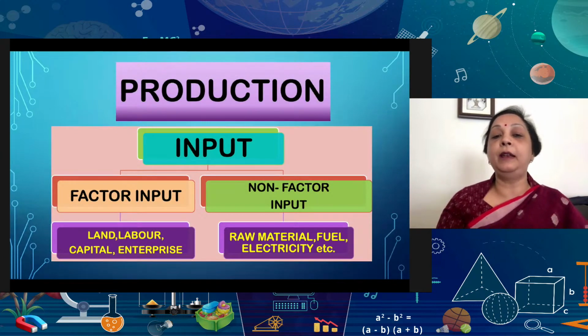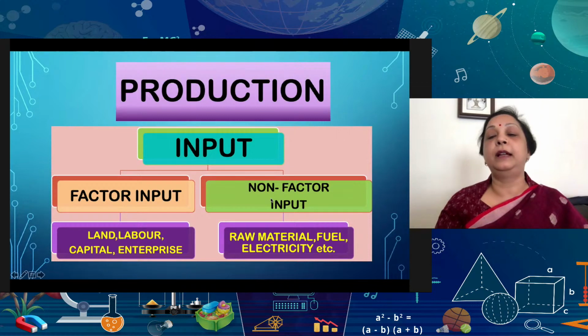So we divide inputs into factor inputs that we studied, land, labor, capital, and enterprise, and non-factor inputs. Non-factor inputs include raw material, fuel, electricity, etc. With the help of both factor input and non-factor input, the process of production takes place. So both are important in the process of production.